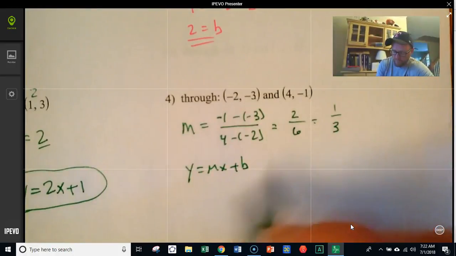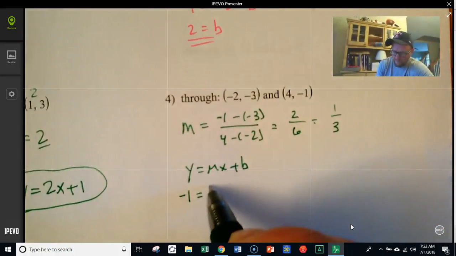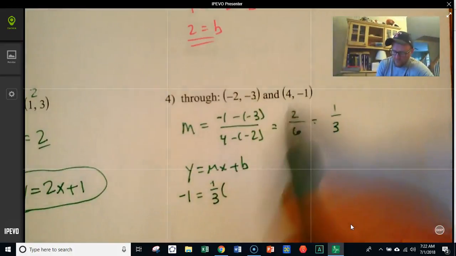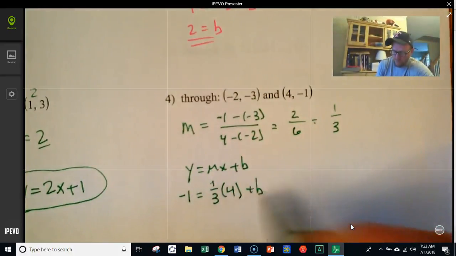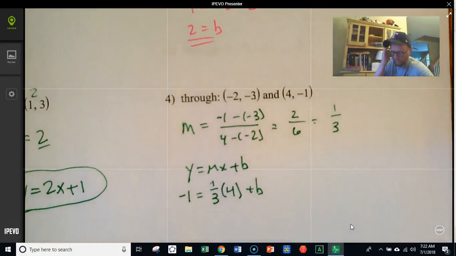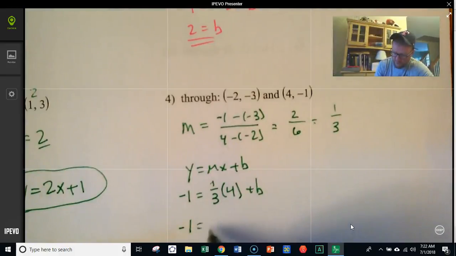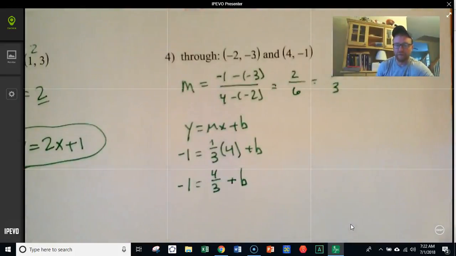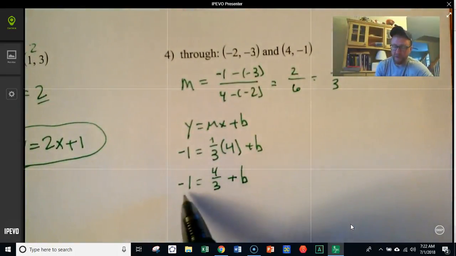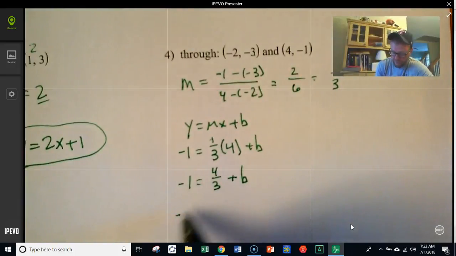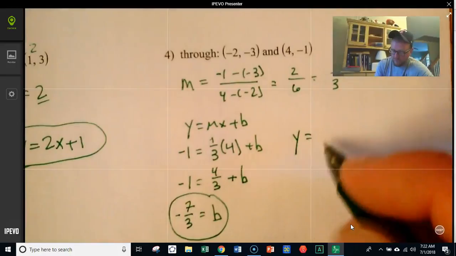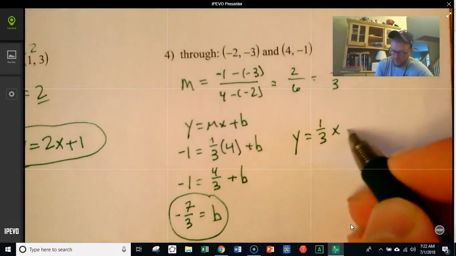I'll take this point over here. Negative 1 equals 1/3 times 4 plus b. Negative 1 equals 4/3 plus b. Subtract 4/3 from both sides. I already have negative 3/3, so it'll be negative 7/3 equals b. So y equals, there's our slope, minus 7/3.